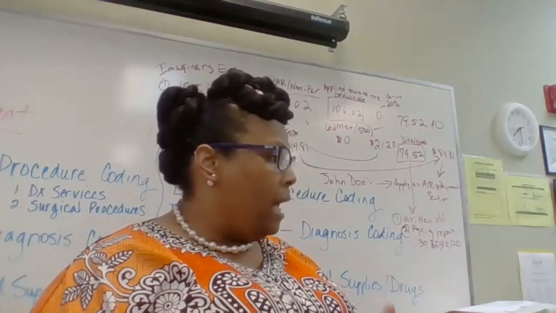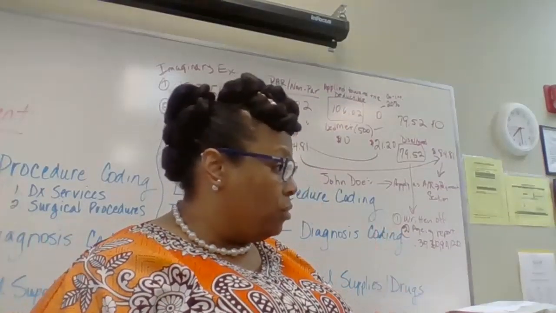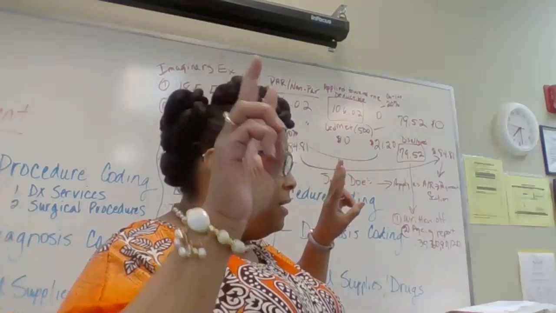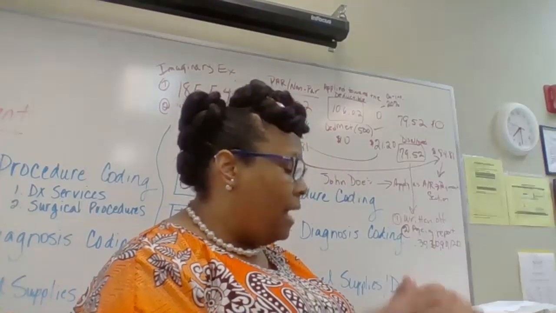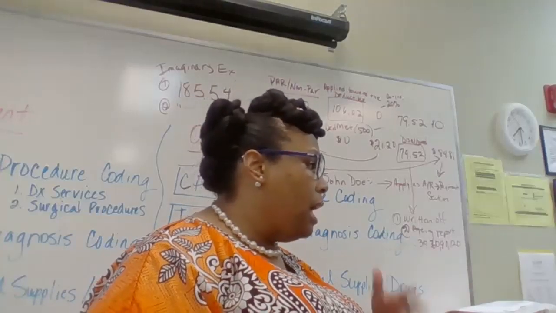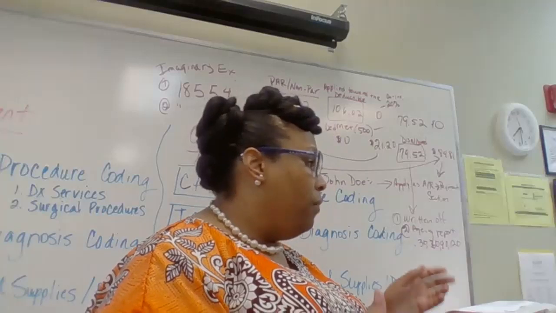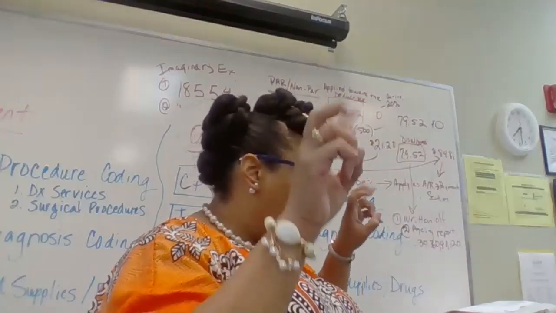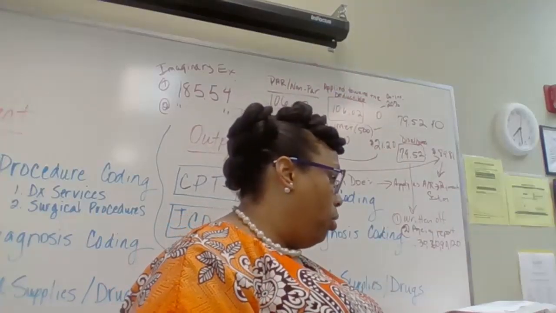I paid the doctor. You pay the doctor $900 for his professional services. That's on the CMS 1500. That's going to be applied toward the deductible too. Then you pay the $1,500 for the surgery for the hospital. That's applied on the UB04.